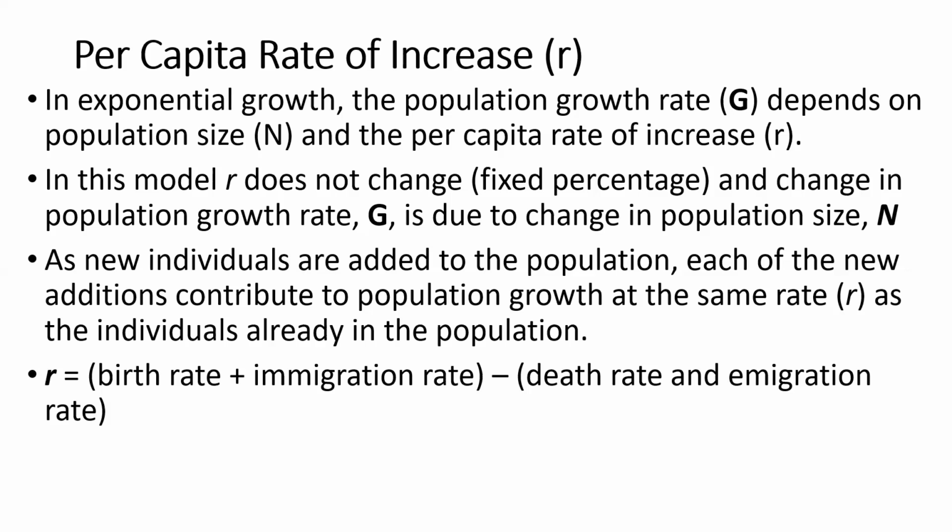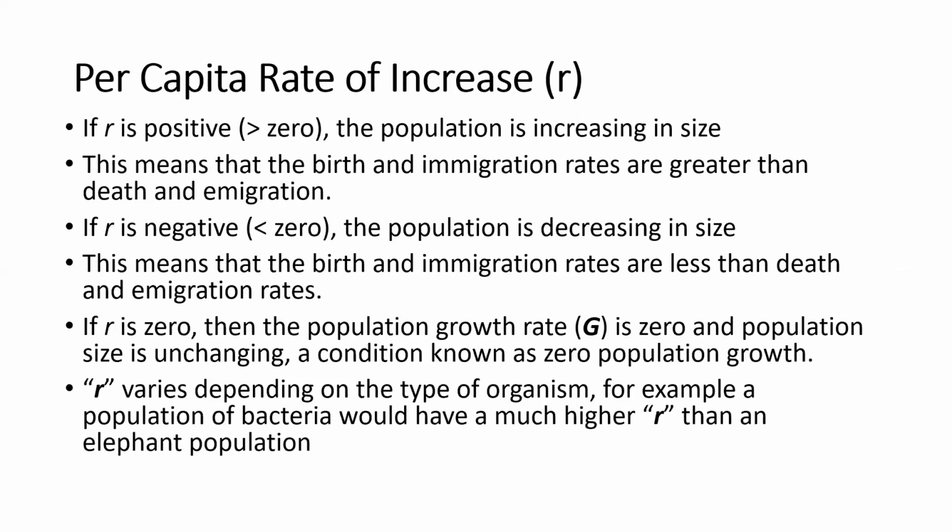Those who are giving birth, we add them to those who have also entered into the society. And those who have died, we also add them to those who have left the society, and then we subtract. That will give us R.